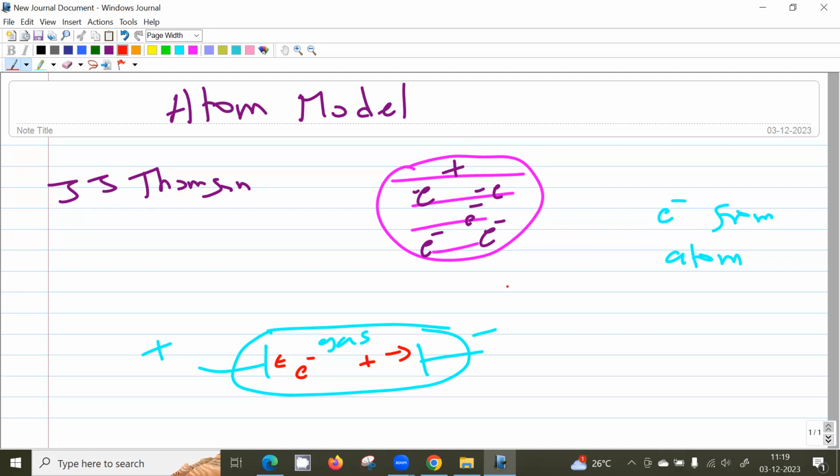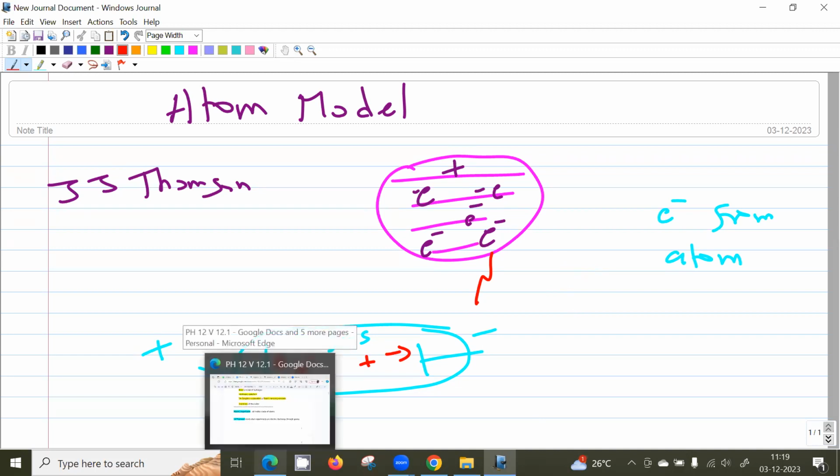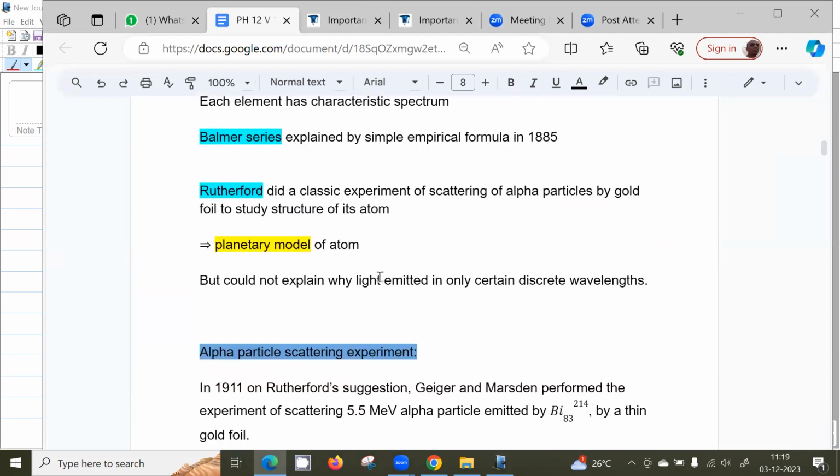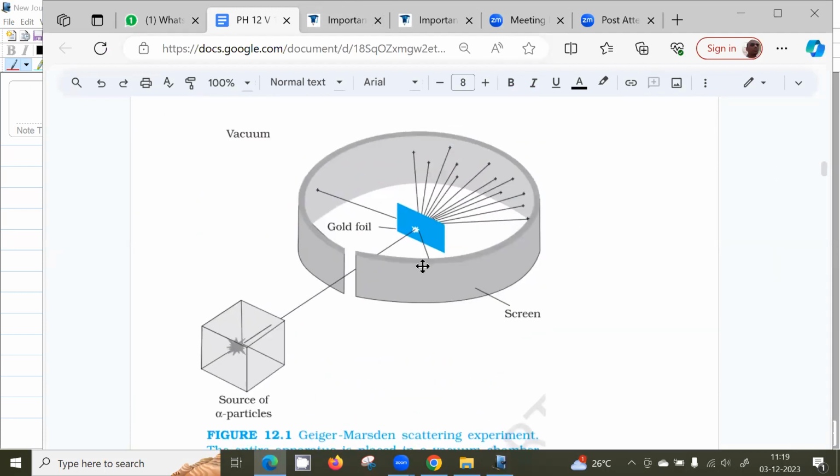So to explain this, Thomson assumed that the atom looks like this: a uniformly charged positive material in which the electrons are embedded. This is called the plum pudding model or seeds in watermelon model. After that, the next experiment which came was Rutherford's experiment. Here you take a gold foil and bombard it with alpha particles.